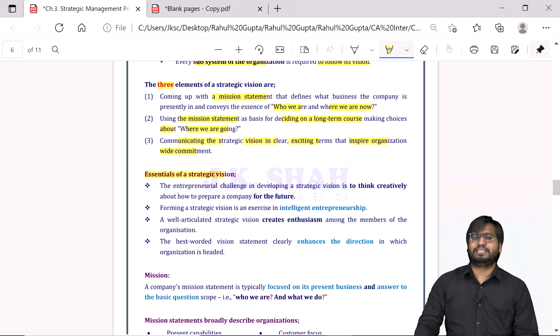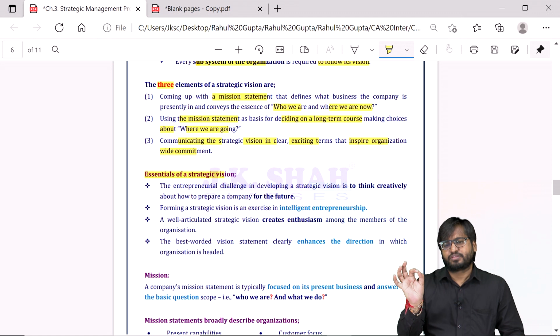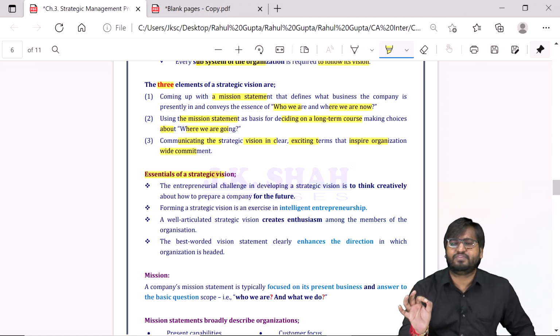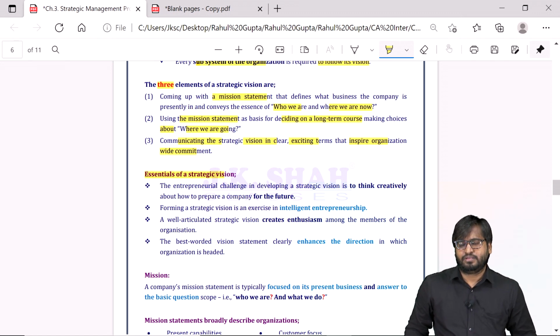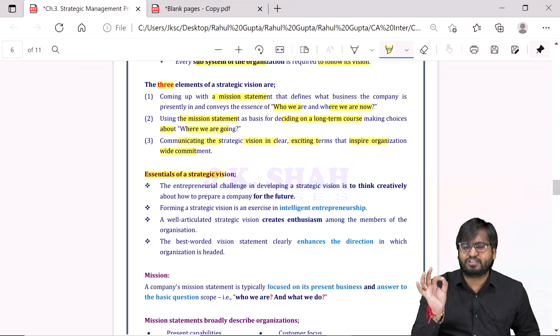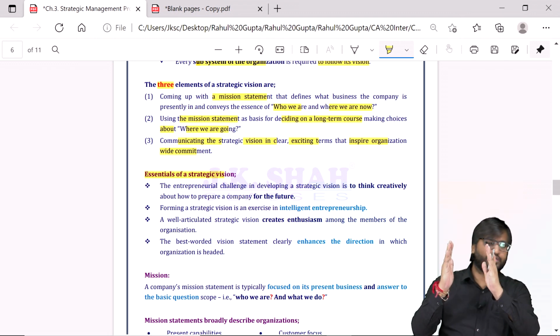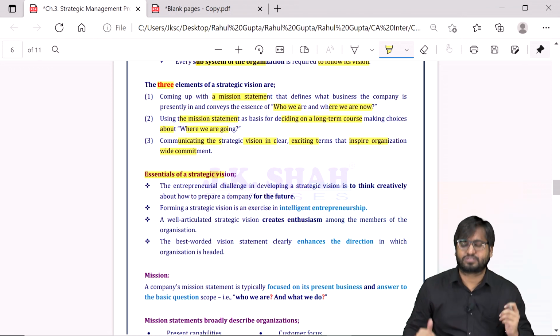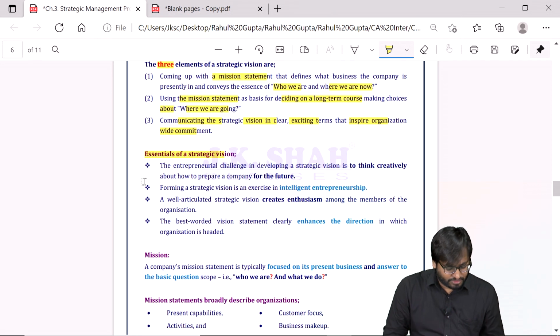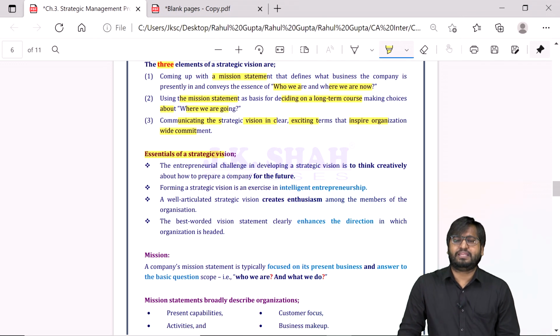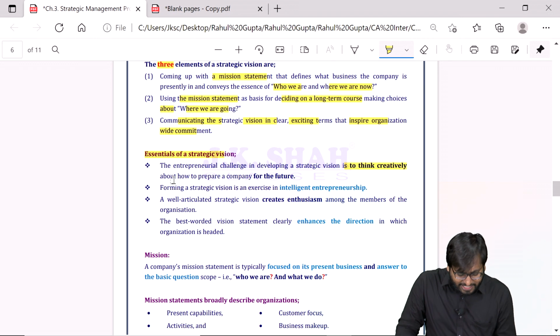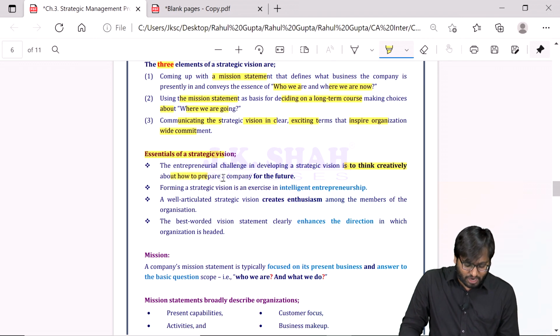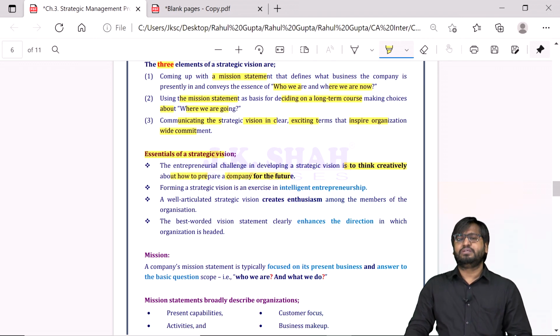So we have 4 essentials. Number 1, we need to think creatively. This is a box. You need to think outside the box. So, the entrepreneurial challenge in developing a strategic vision is to think creatively about how to prepare a company for the future.